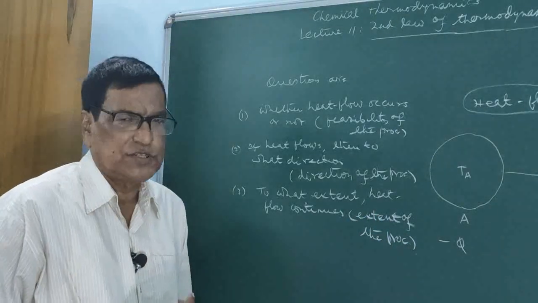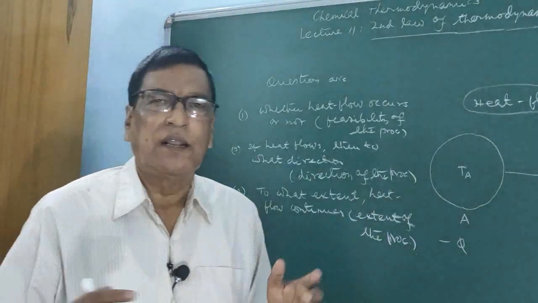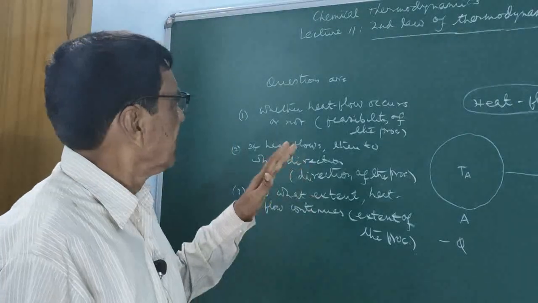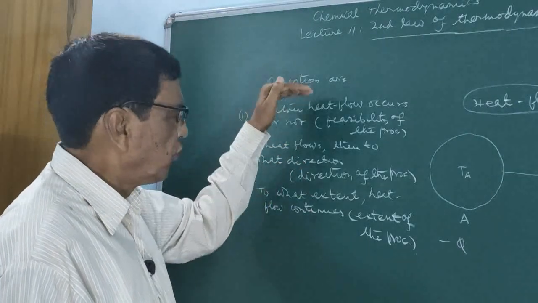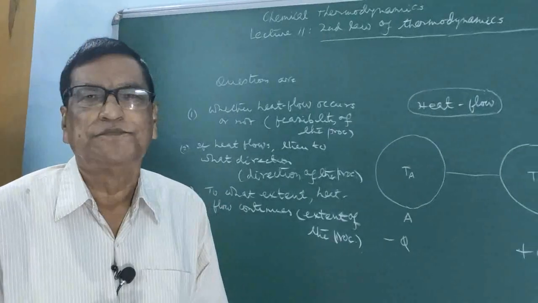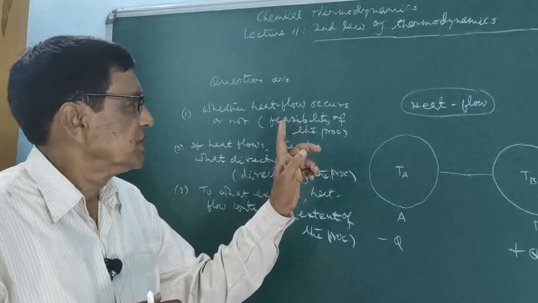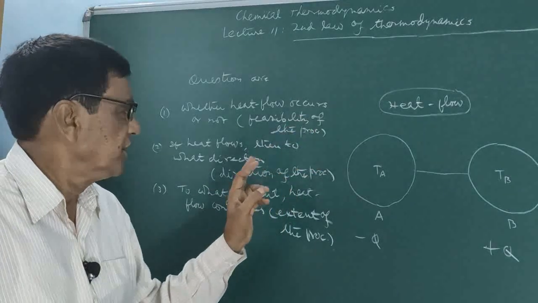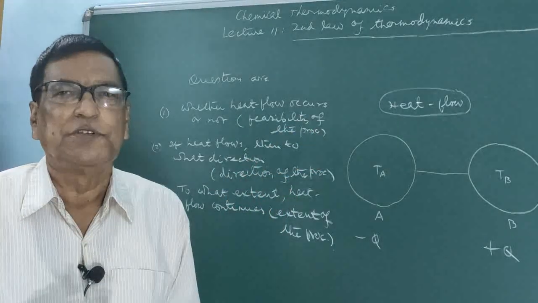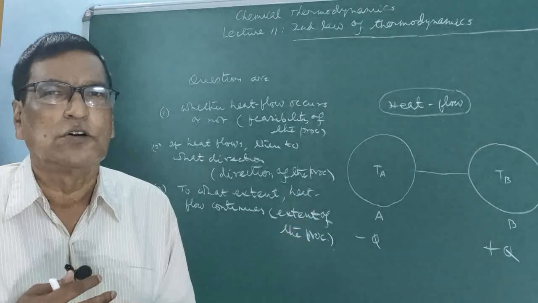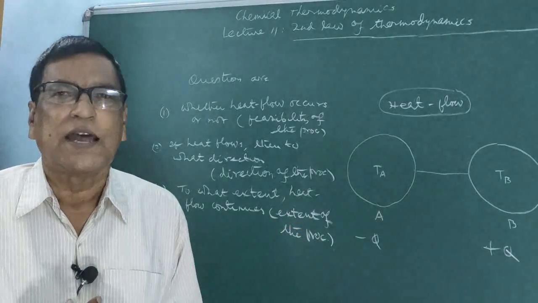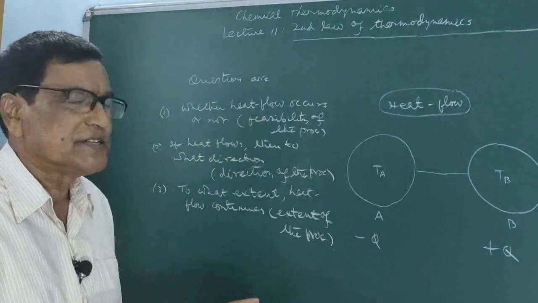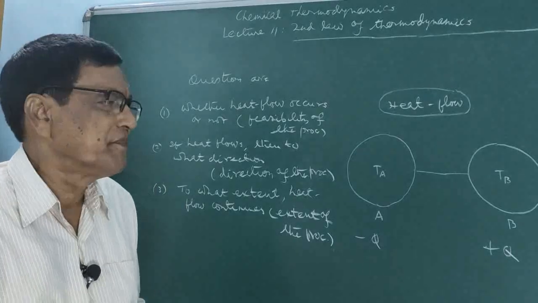For any process, we can put these following questions: whether the process will occur or not, that is the feasibility, direction, and extent of this process. And the first law remains silent about the answers to these questions.